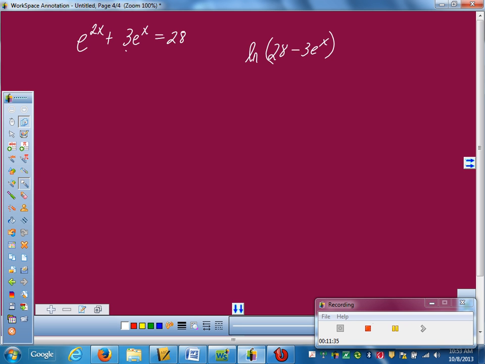You can't do it separately. That's like e squared and e to the first power. Those are two different powers.